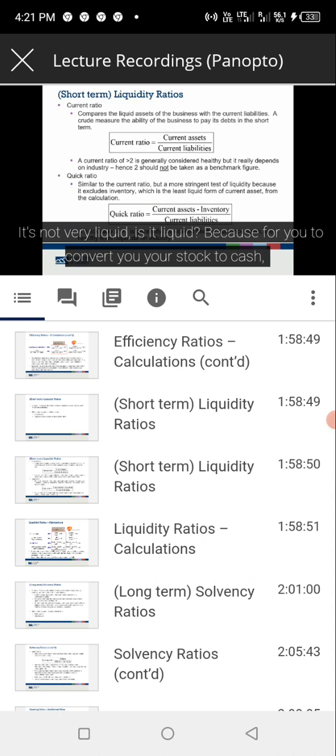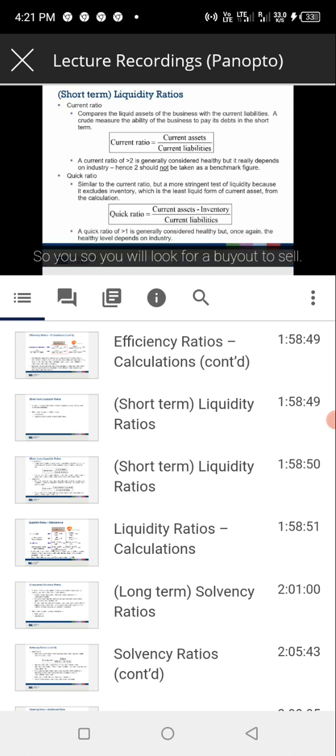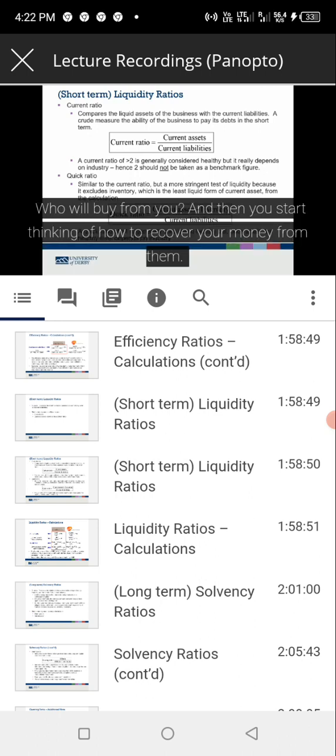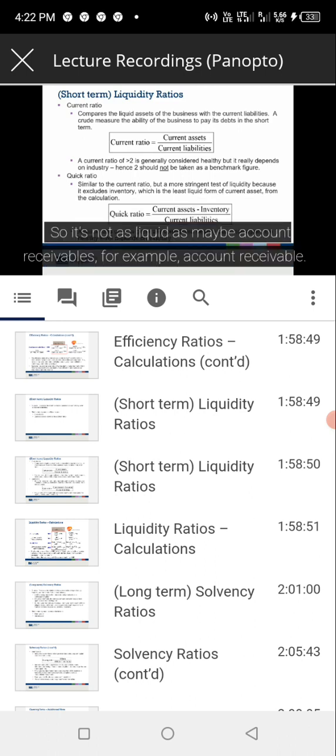Because for you to convert inventory, your stock, to cash, you still need to look for buyers, and then you start thinking of how to recover your money from them. So it's not as liquid as maybe account receivables, for example.